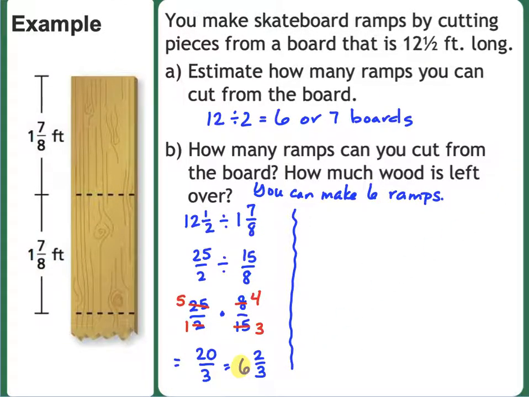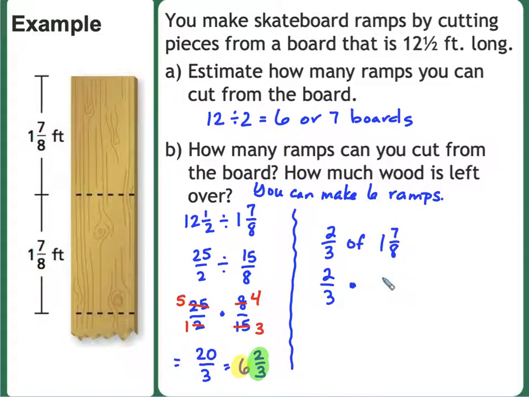The other way to think about this is I have 2/3 left over. 2/3 of a 1 7/8 ramp left over. I only have 2/3 of it. I don't have all of it. So remember, 2/3 or a fraction of something else means multiplication. So I could do 2/3 times 1 7/8.